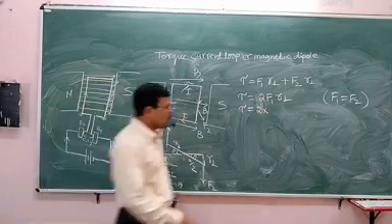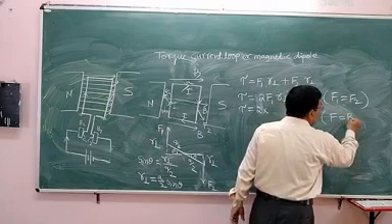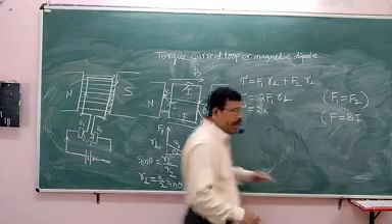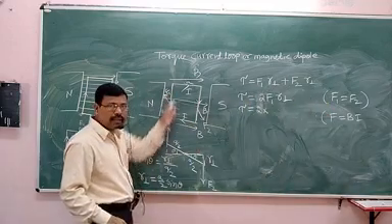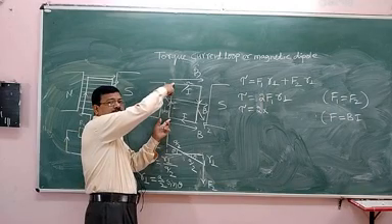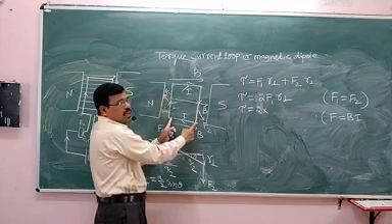So torque is equal to 2 into force. Force is known as BIL sine theta. Force is equal to magnetic field, current, and length on which the force is exerted. Force is not exerted here, here it is 0.